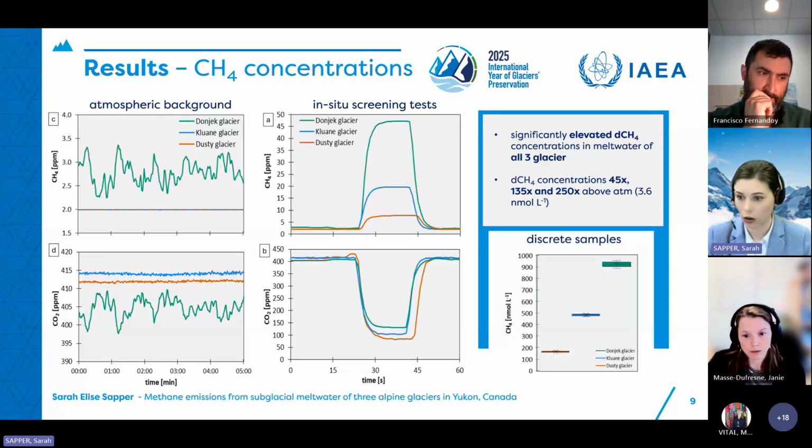This was all confirmed by discrete samples we collected and later analyzed in the laboratory. And concentrations we found at those sites were 45, 135, and up to 250 times higher than atmospheric methane concentrations. So that's quite high concentrations in meltwater.